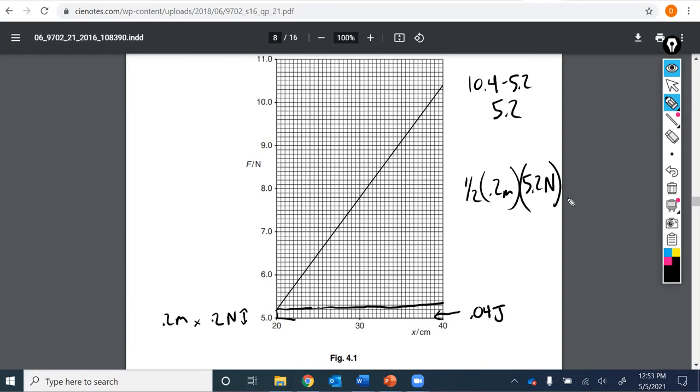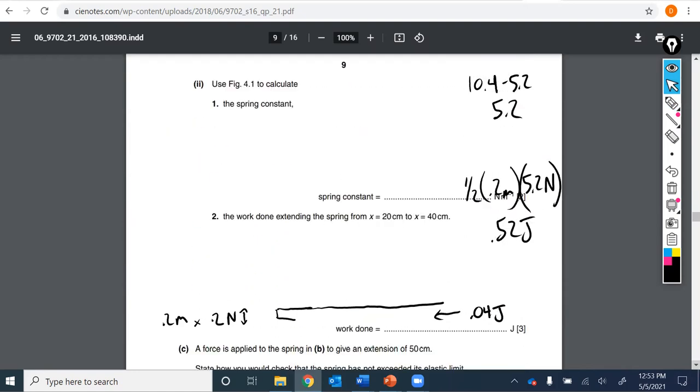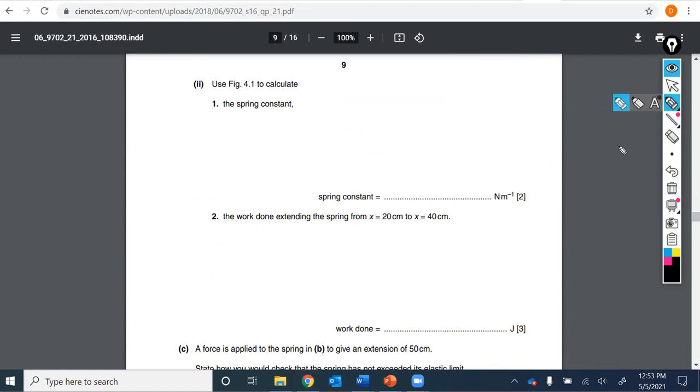So 5.2 newtons times 0.2 meters times 0.5 gives me 0.52 joules for the triangular part, and adding back in the 0.04 joules gives me a final work done of 0.56 joules. It's the sum of those two, because we want the total area underneath. So let's report our final answer as 0.56 joules. Remember, the spring constant was 26 newtons per meter.